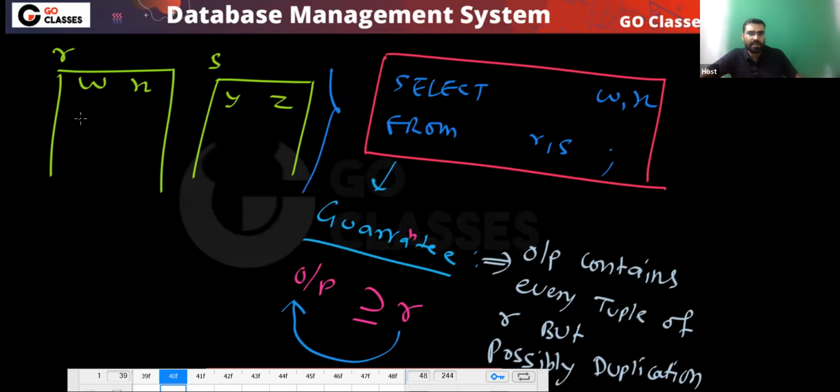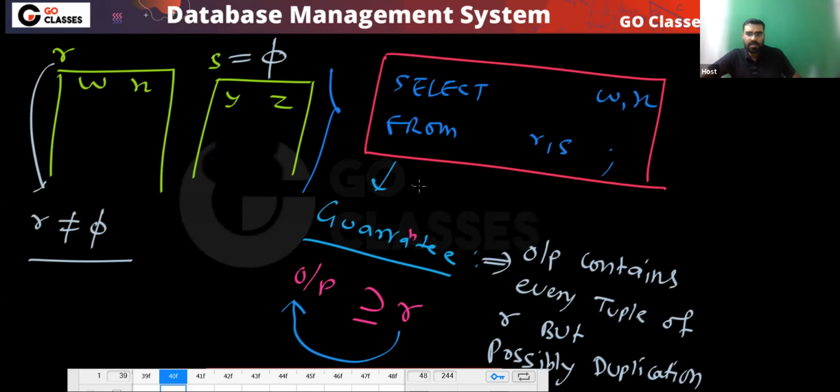For example, if you have a single tuple here and a single tuple here, then there will be no duplicates. And this can only happen with what? If S is empty, and let's assume R is not empty, what will happen?